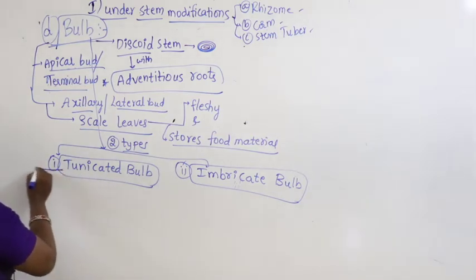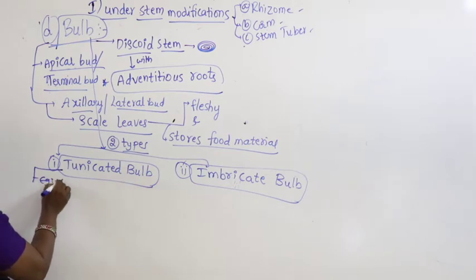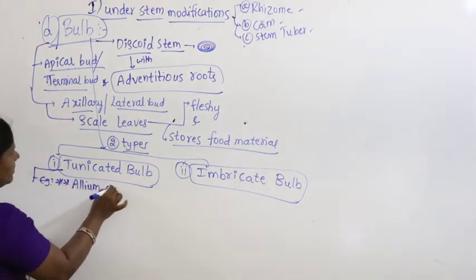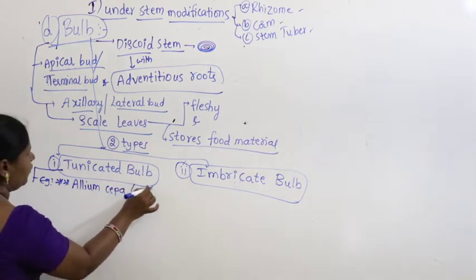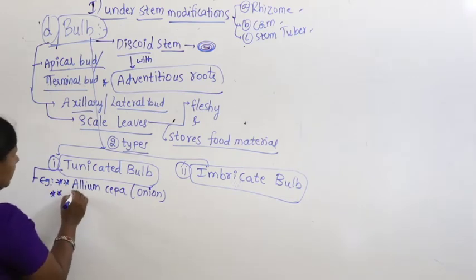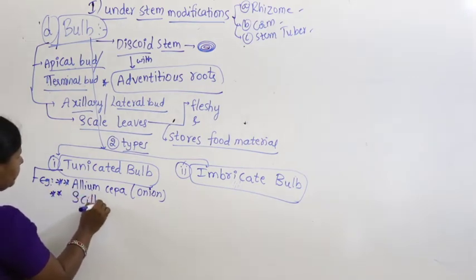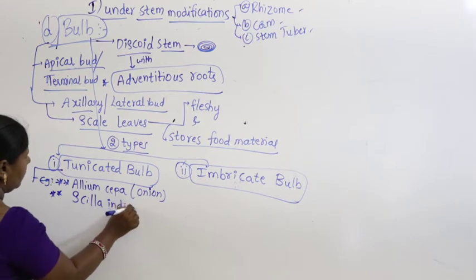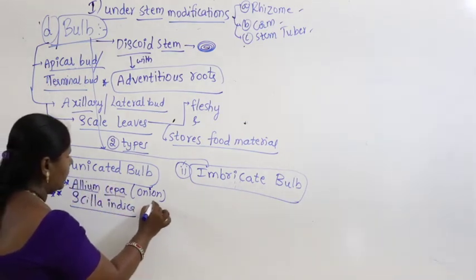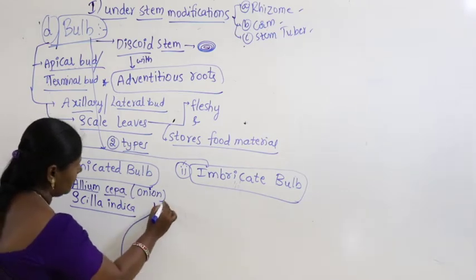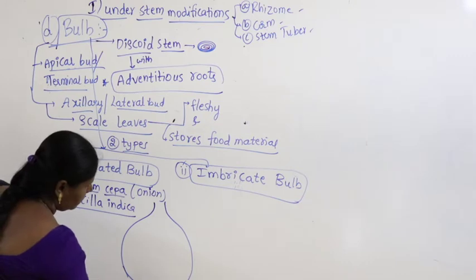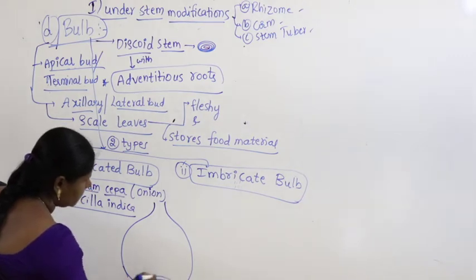Let me take examples for tunicated bulb. Examples are very important. Allium cepa, the scientific name for onion, and the other one is Scilla indica. Now if you look very clearly, it will be like this. Here you find the discoid stem like this.